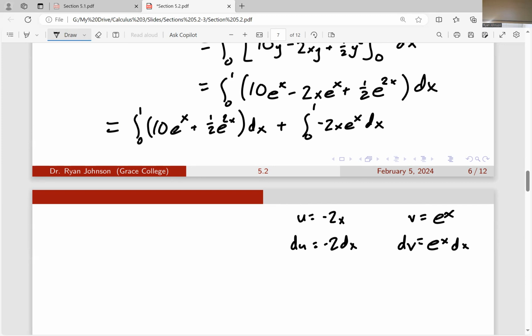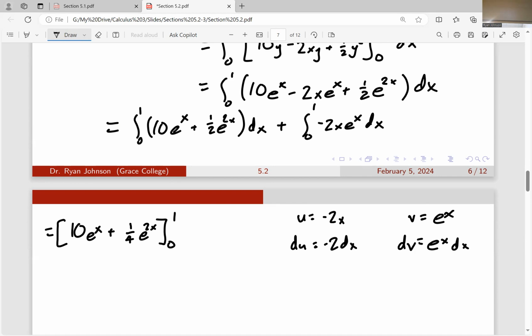Okay, so let's solve our easier integral first. The e to the x stays the same, 10 e to the x, plus, integrating that one, we get the opposite of the chain rule, so 1/4 e to the 2x, from 0 to 1.